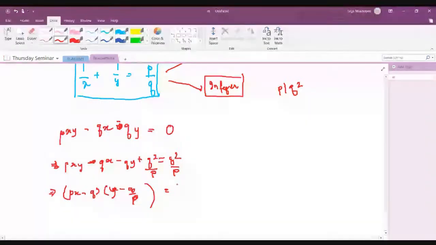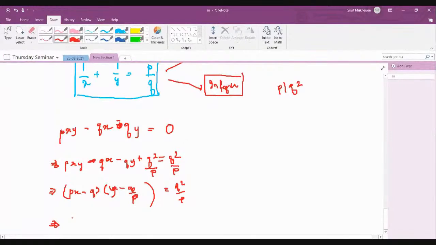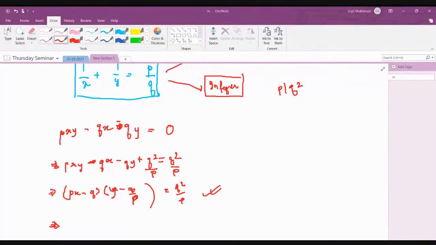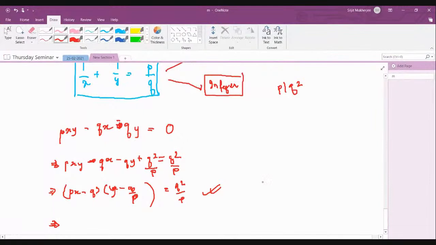So we get that it's equal to q squared by p, and therefore in this case we cannot really tell what is an integer solution, but we can get a rational solution for sure. Understood this way, we can get a rational solution.